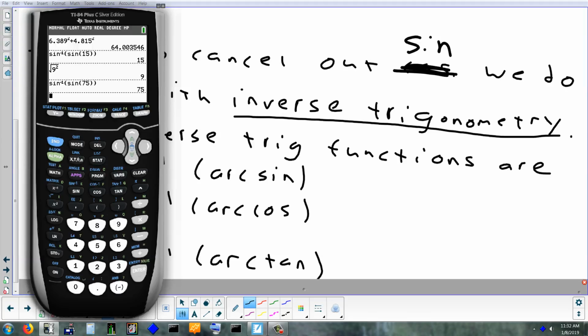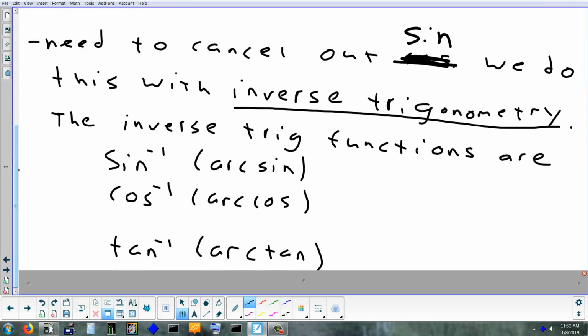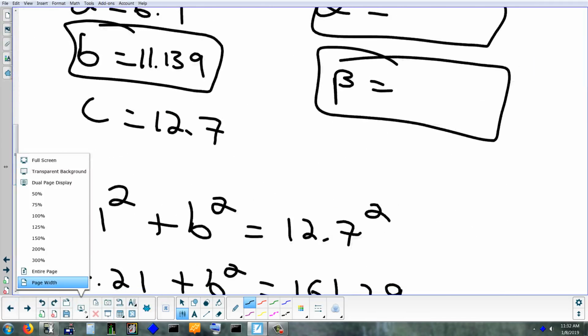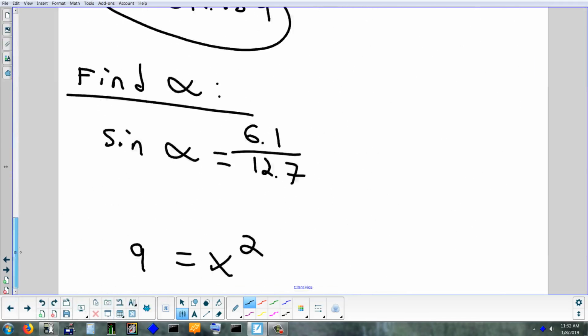Now let's go back to our problem. I've got sine of alpha equals, and then a number on the other side. I don't really care about the number on the other side. What I care about is getting alpha by itself. So what function can I use to get rid of sine? Inverse sine. When you use a function, the verb you want to use here is take.